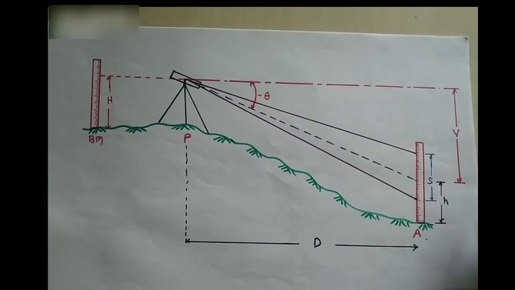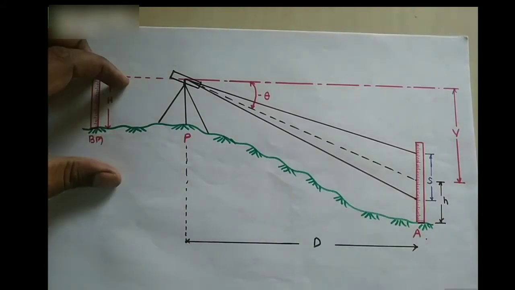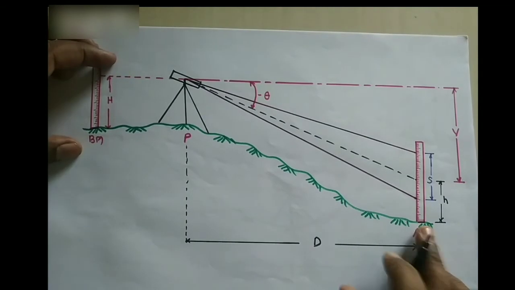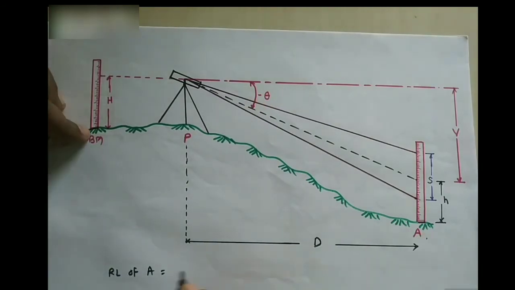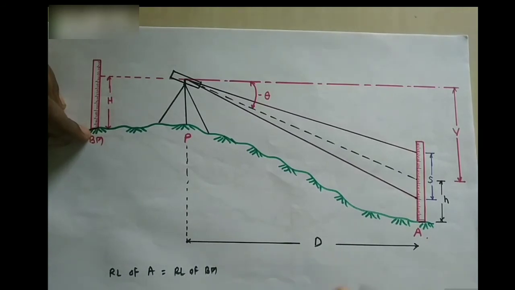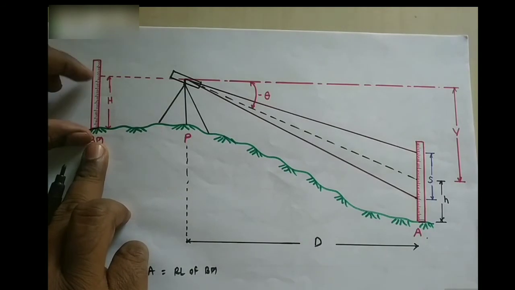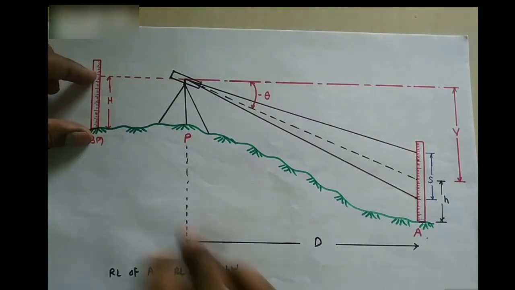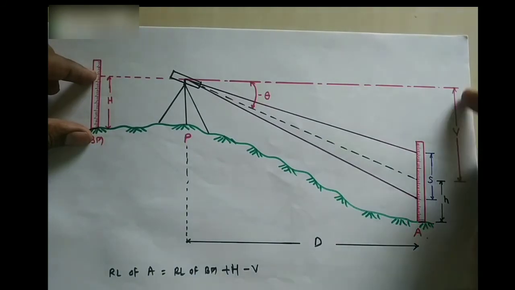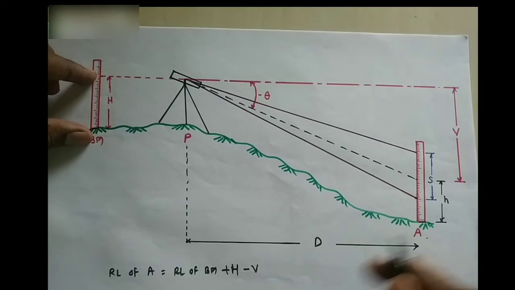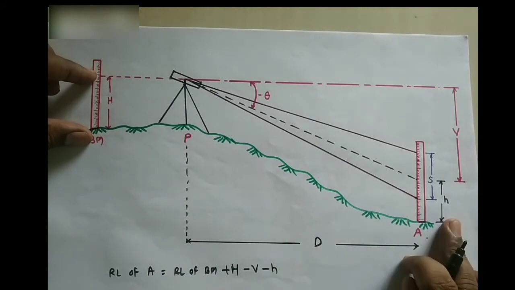So if we need to find RL of A when the angle of depression is given, RL of A is equal to RL of benchmark, if we know RL of benchmark, plus staff reading, that is H, okay, minus V, that is the elevation at A, okay, minus h.